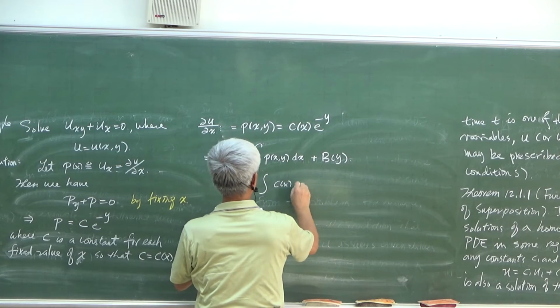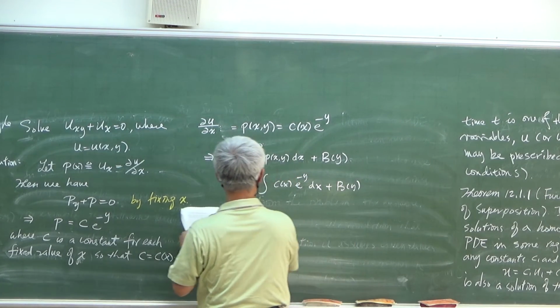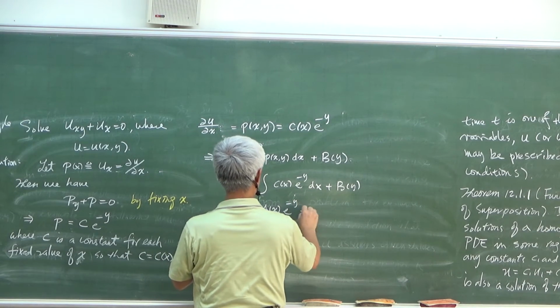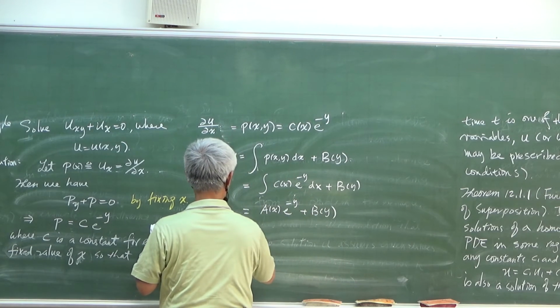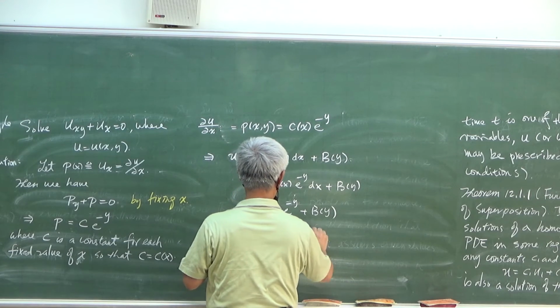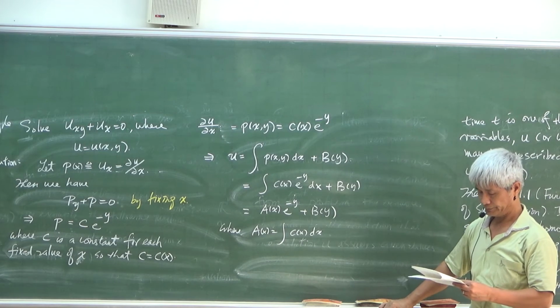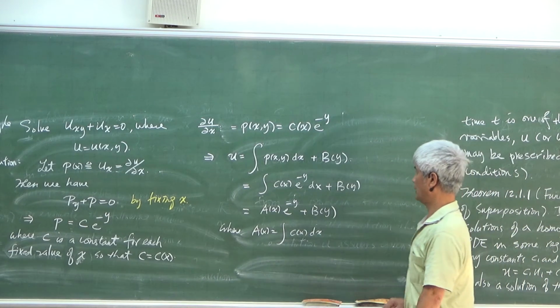So now we have u = a(x) e^(-y) + d(y), where a(x) is the integral of c(x) dx.